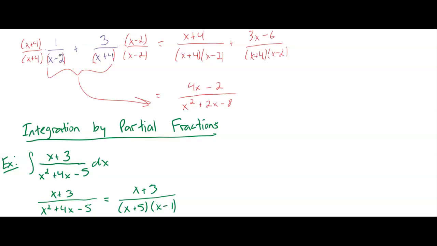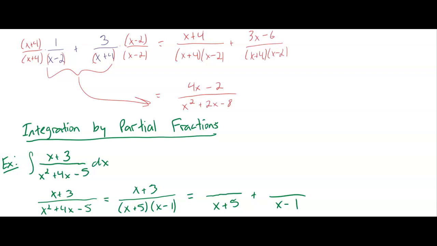To be honest, this is a topic from pre-calculus that often you run out of time for in pre-calculus, so I've always wound up teaching it in calculus. But you learn that you can separate this out into something over x plus 5 plus something else over x minus 1.